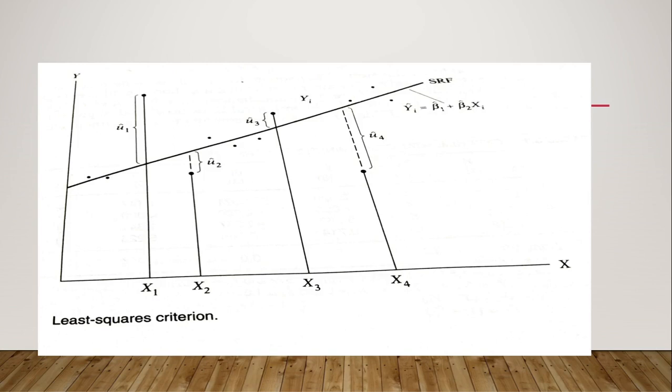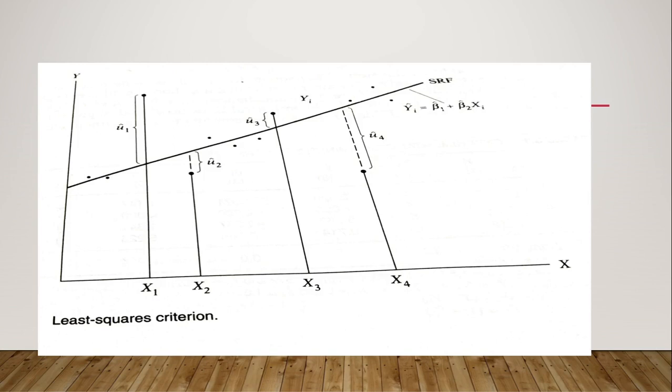We can see that the actual Y value is higher than the estimated Y value, and the difference between the actual Y observation and the estimated Y value is denoted by u1 hat. So here u1 hat is positive because the actual Y value is greater than the estimated Y value. The actual Y observation is away from the sample regression function, and that deviation is denoted by ui hat.